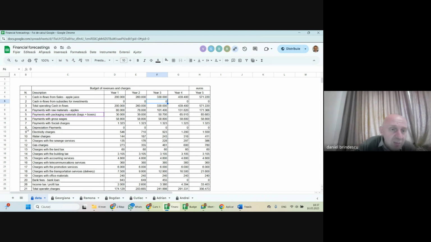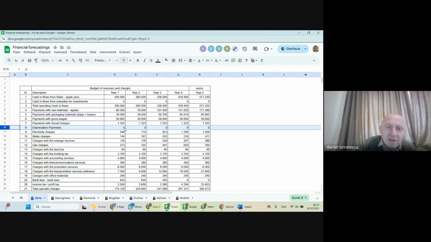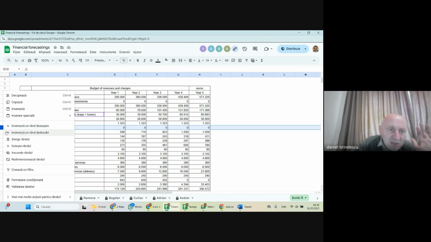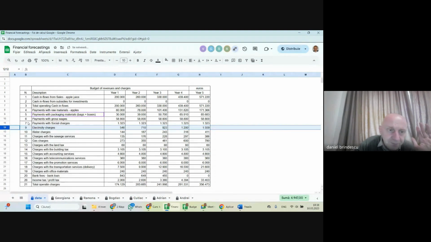But depreciation payments, I can't even leave them here as zero. There are no depreciation payments. So I'm deleting the entire row. There are depreciation charges. We calculate the depreciation charges as an indicator for the consumption of the fixed assets, but there are no payments.